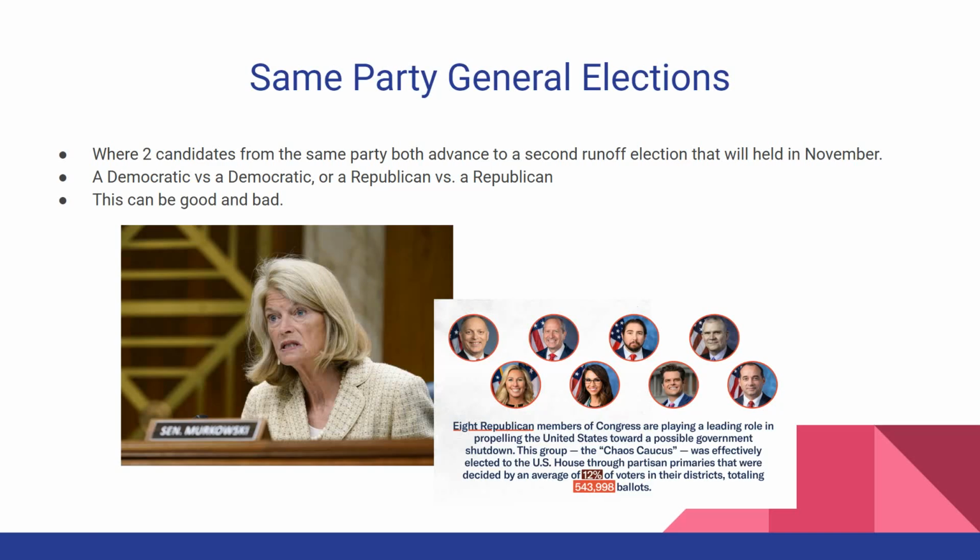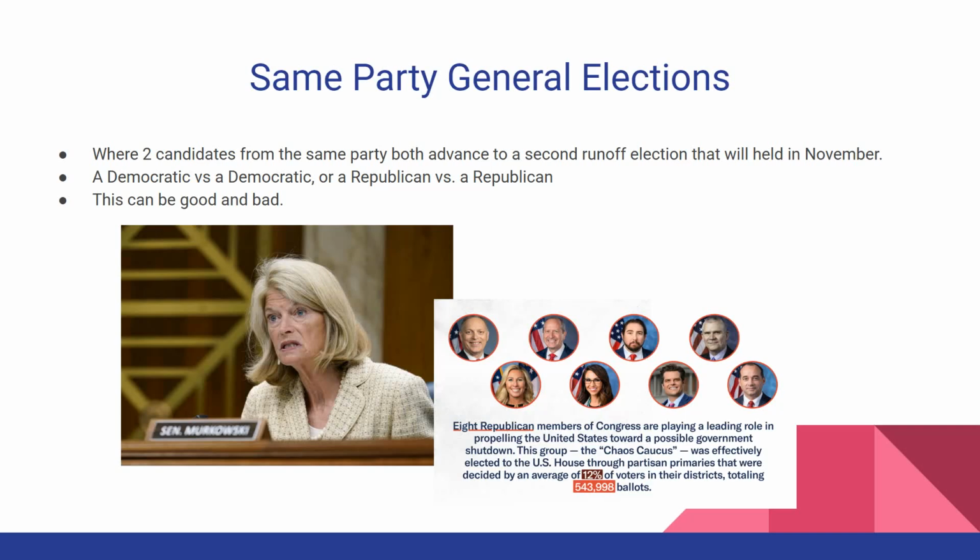Same-party general elections are where 2 candidates from the same party both advance to a second runoff election that will be held in November, where you can have a November general election being either a Democrat versus a Democrat or a Republican versus a Republican.